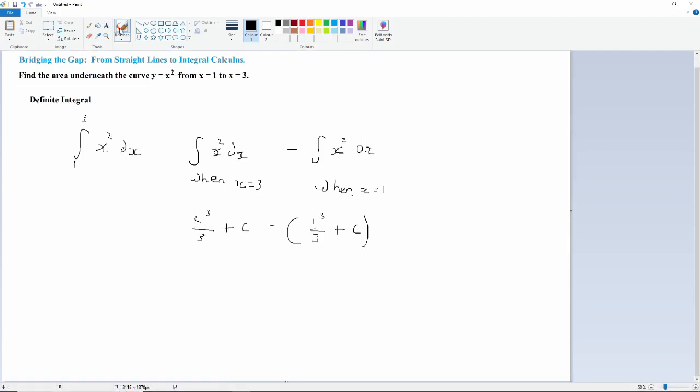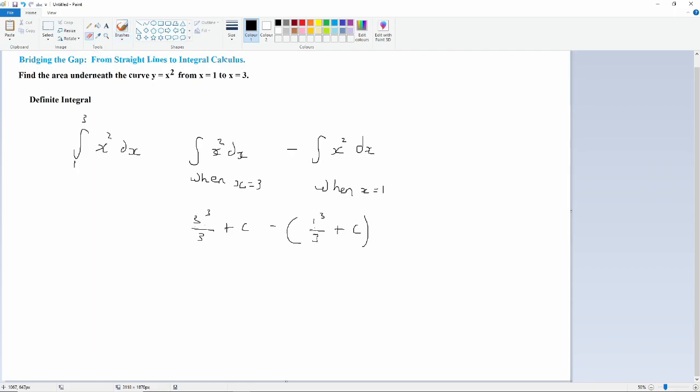Okay. So let's just see what happens when we try to subtract these. We're subtracting 1/3 and then we're also subtracting the c.